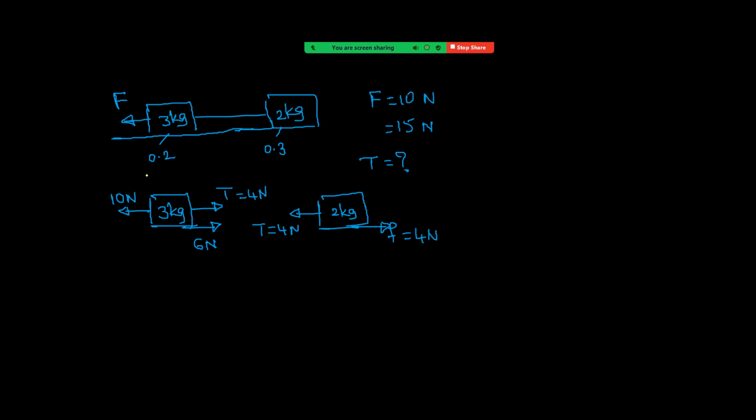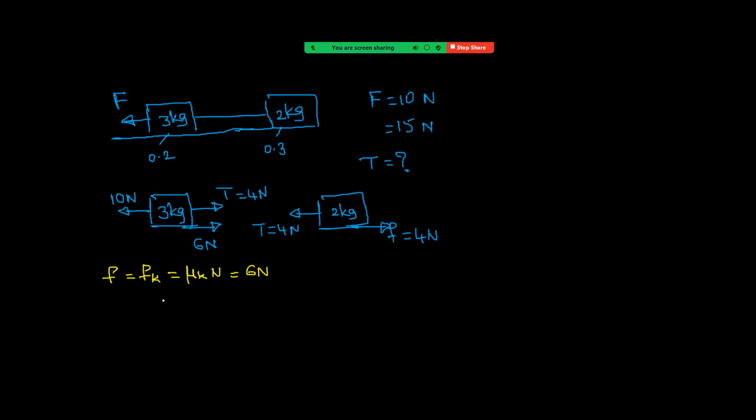When the system comes into motion, the frictional force on each block is kinetic, which equals mu k into normal reaction. It is now 6 Newton on each block. That is fixed. Right. Now focus on how much the tension is.